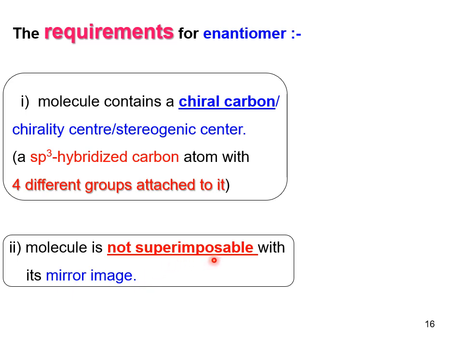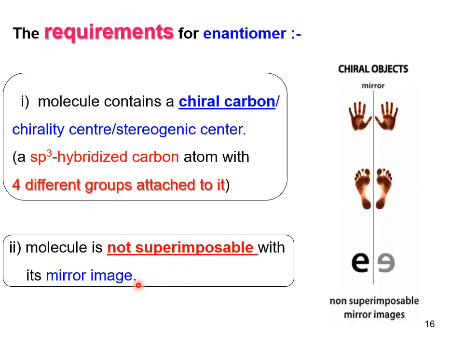What is superimposable? What is mirror image? Let's check. You see? This is a mirror image, something like a reflection, okay? And this is a mirror image as well. But this mirror image is not superimposable, meaning that when I take this E and put it on top over here, it should be like this, okay?